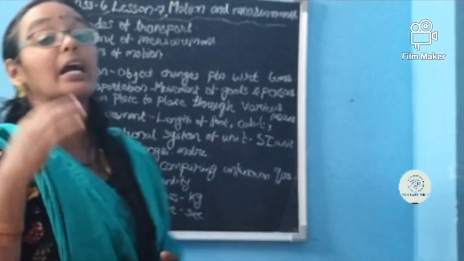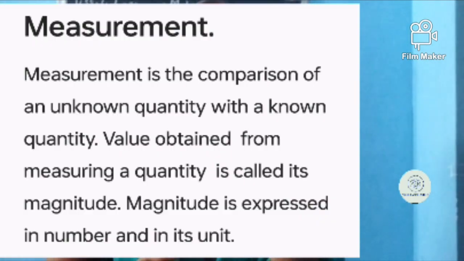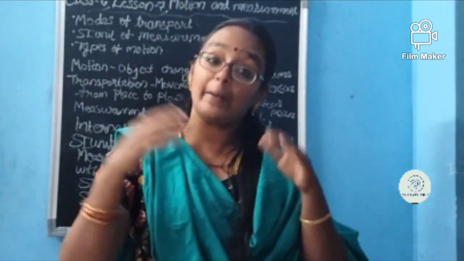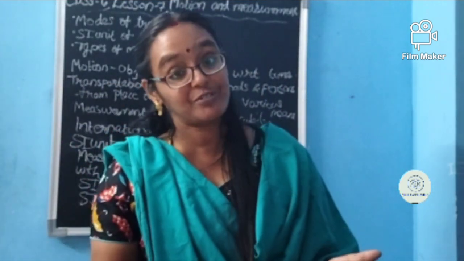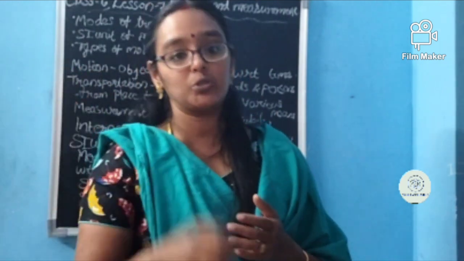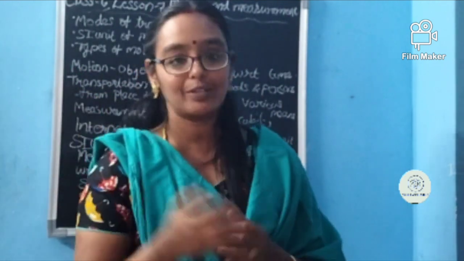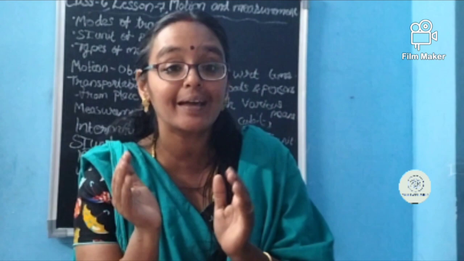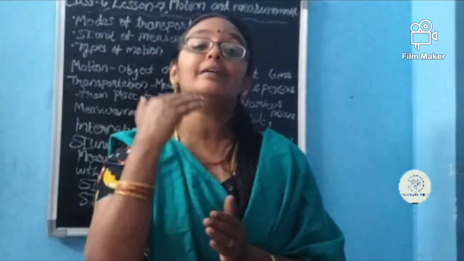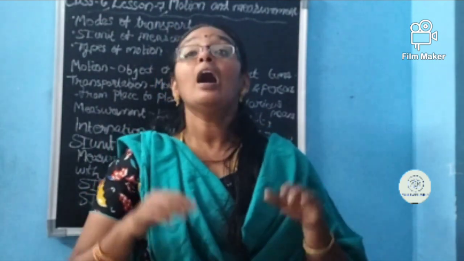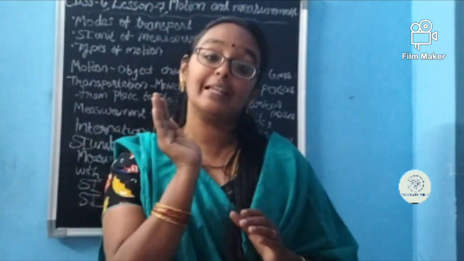Measurement is the comparison of the unknown quantity with the known quantity. We are comparing how many tomatoes are needed to make 1 kilo. It can be 7, it can be 5, 15, based on the size of the tomatoes. We are comparing the unknown quantity with the known quantities. Now I am going to explain how to measure the length.